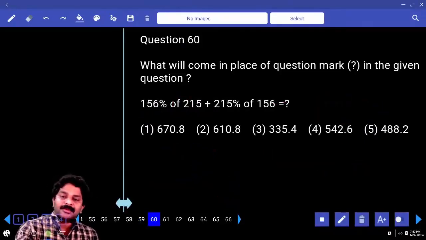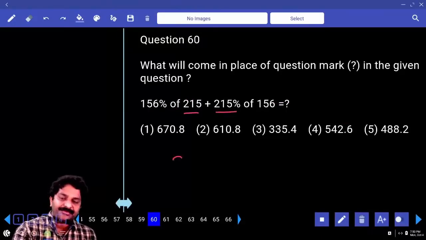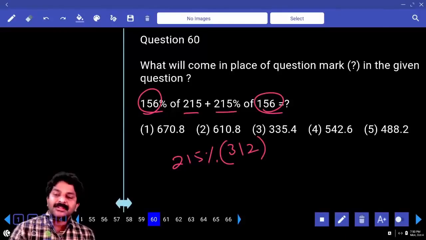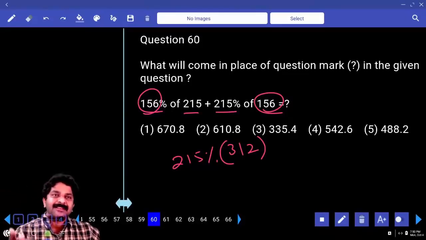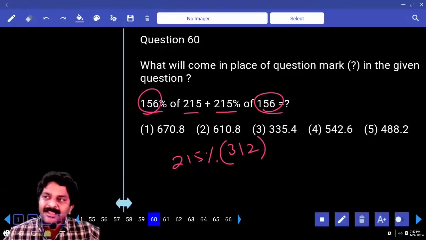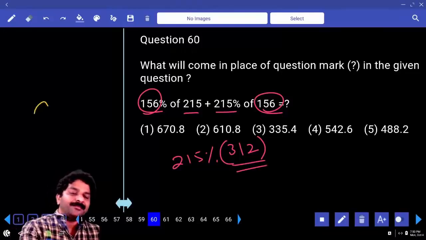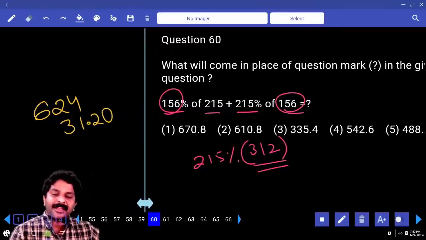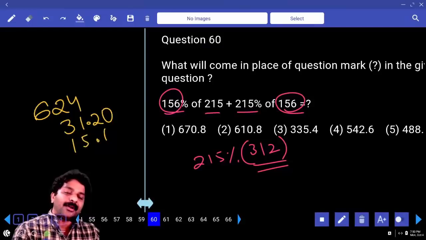Now, 215, 215, both numbers I could see. So if you take 215 percentage common, 156, 156. 312. Okay. 215% in the sense, 200% plus 10% plus 5%. Is that okay? 200% double, 624. 10%, 31.2. 5%, 15.6.